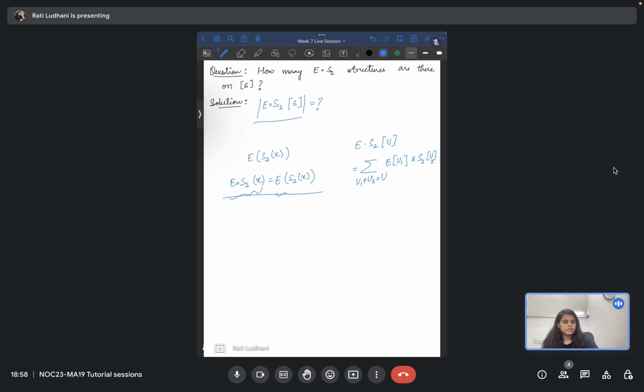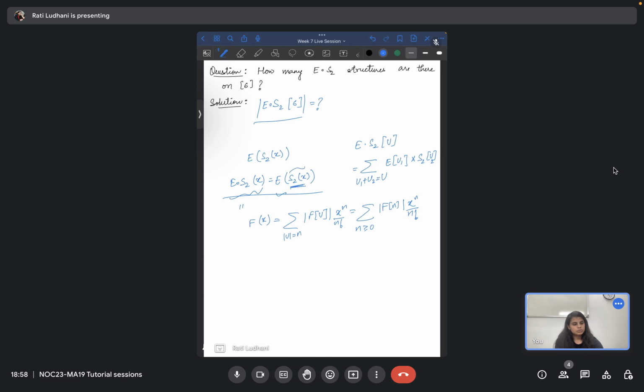Basically, you know that when you have f of x, this is equal to summation of f of u x raised to power n, where cardinality of u is n. Better to write it as summation over n greater than or equal to 0 of f n, sorry, there is n factorial also, x to the n over n factorial.